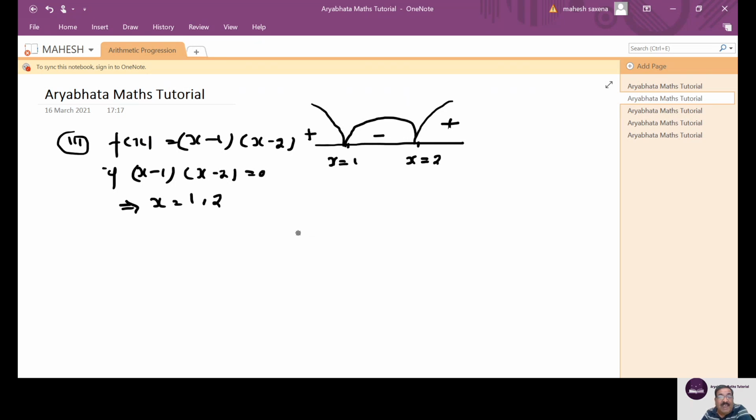Now in this case f(x) is less than 0 if we take this minus sign, but x can be neither 1 nor 2.